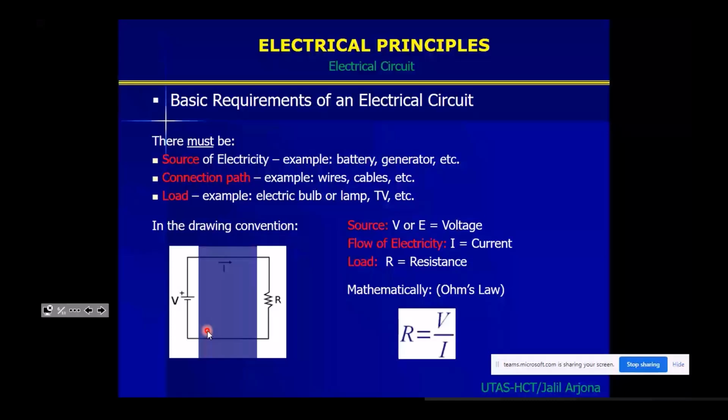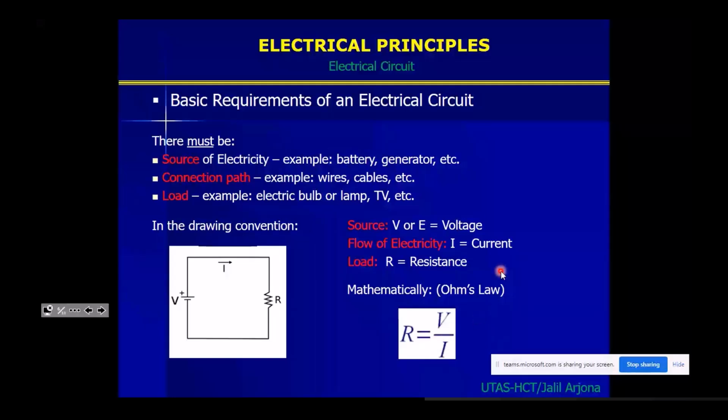So you need the connecting wires. After you connect the wires and you have a complete path, naturally there is a flow of current from positive to negative. Now, these electrical quantities can be represented mathematically by Ohm's law. That is R equals V over I, where V is voltage and I is the current.